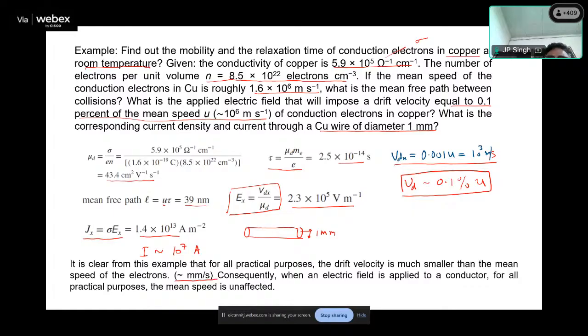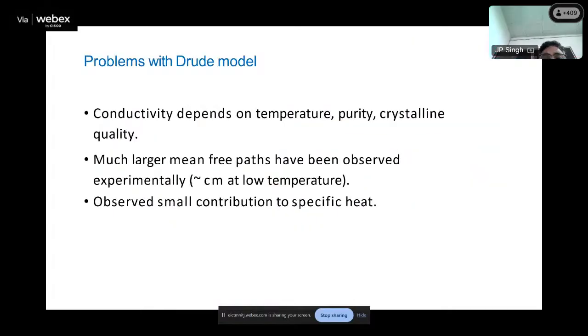So when we apply the electric field to the conductor, for all practical purposes, the mean speed is unaffected. Whether you apply the field or you don't, the electrons are moving with 10 raised to power 6 meter per second. This speed is unaffected even when you apply the electric field, because the drift is only millimeter per second. So we have to understand the difference between the drift velocity and the mean velocity.